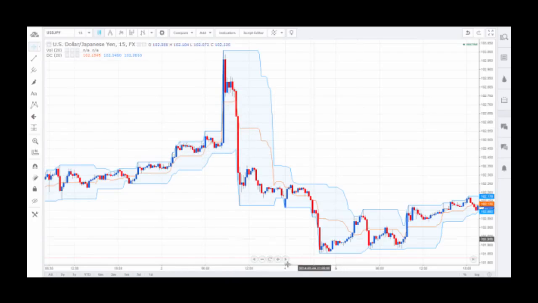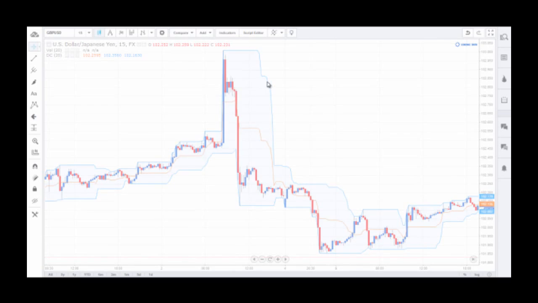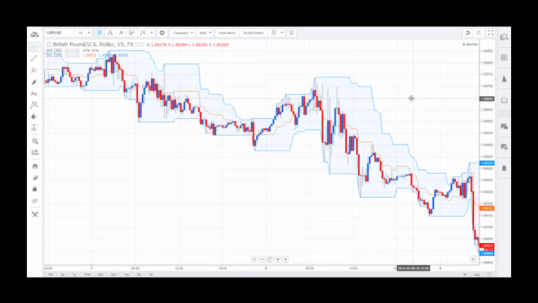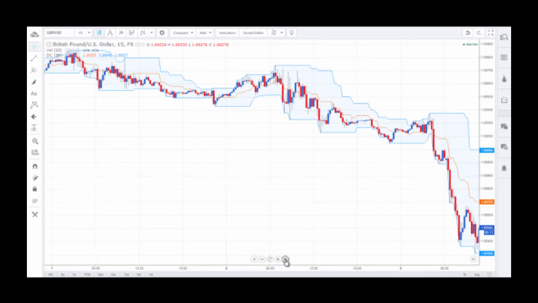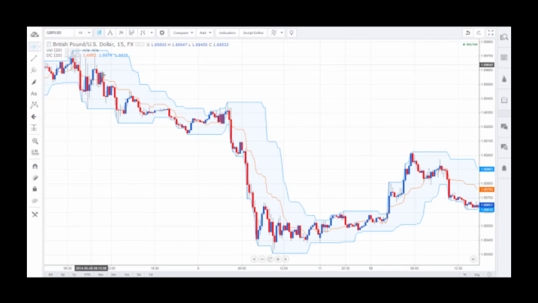And of course, there are some traders that use the middle line as support or resistance to trade, but with this strategy, you want a close above the middle line in a downtrend, and in an uptrend, a close below the middle line.